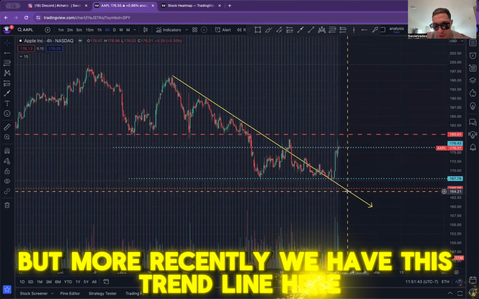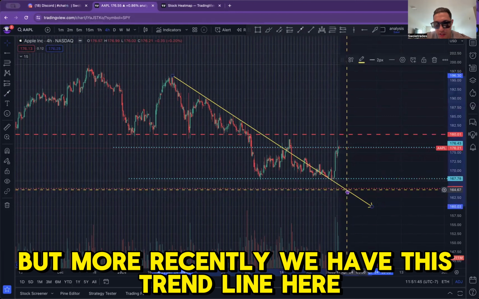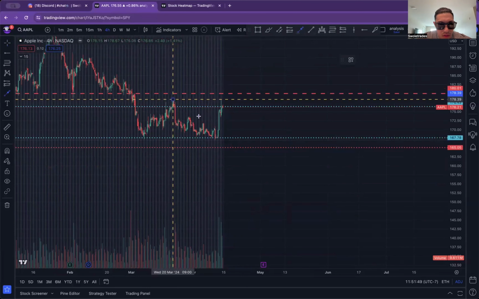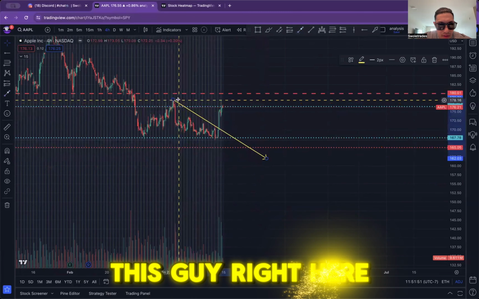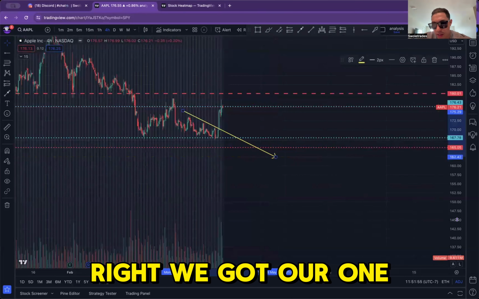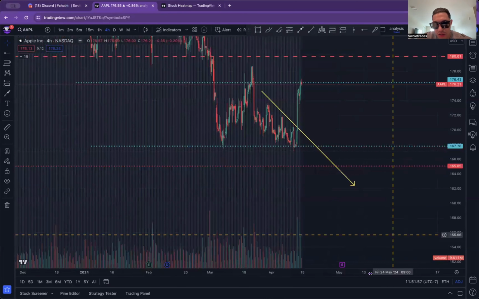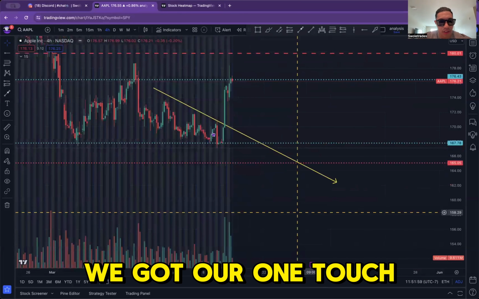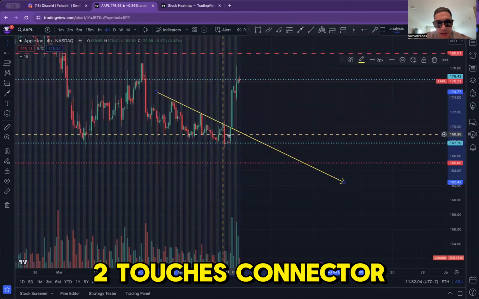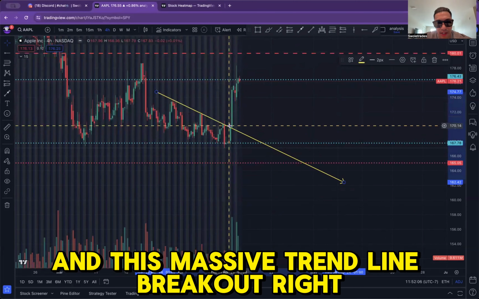But more recently, we have this trend line right here. We got one touch, 2 touches, and this massive trend line breakout.